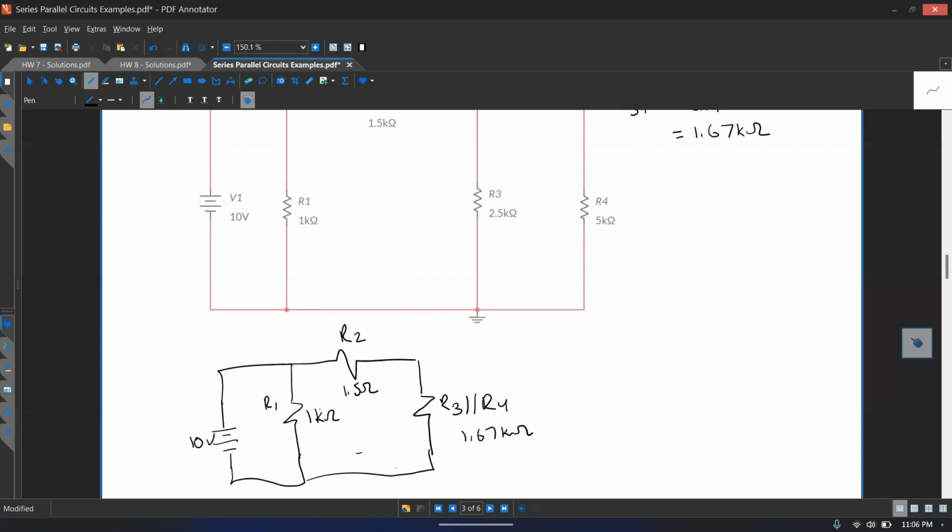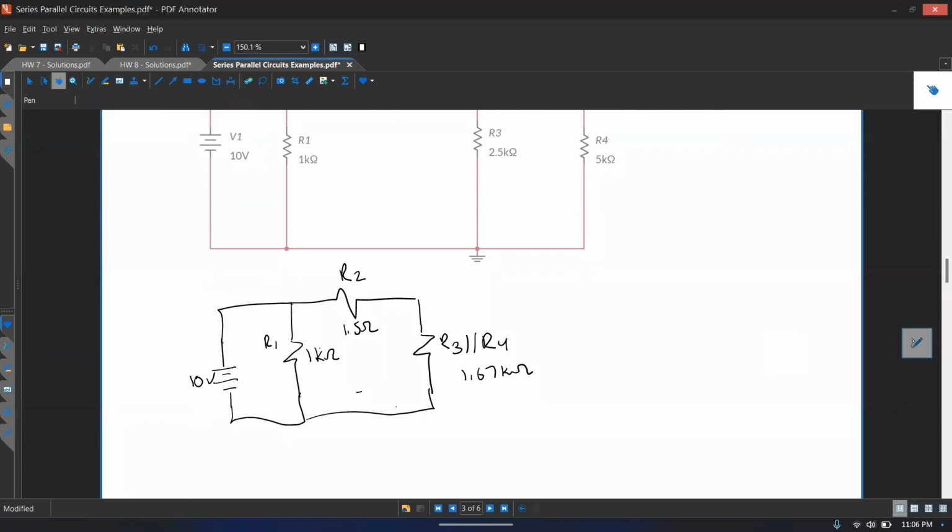All right, so from here we can see that this parallel combination of R3 and R4 is in series with R2. So we can just add those two together. R2 plus R3 parallel R4 equals 1.5 plus 1.67 kilo ohms.